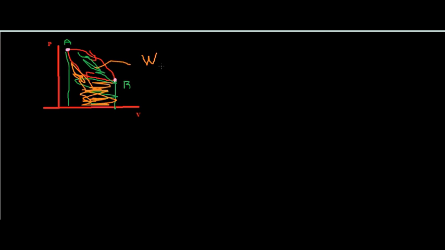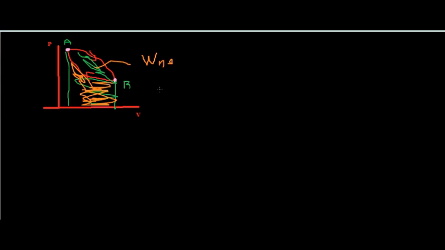This is what we naturally call the net work done by the system. Why is it done by the system? Because this area comprises the area where the gas is expanding. So it's the net work done by the system.